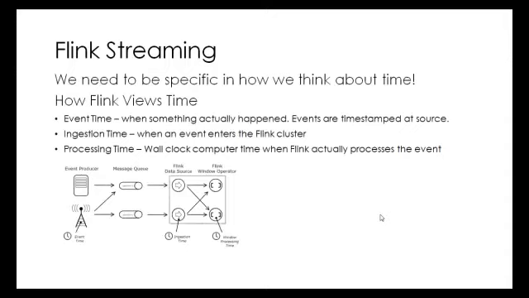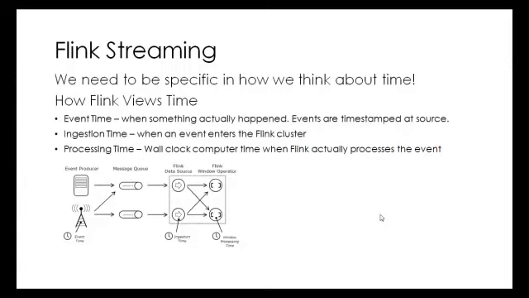I said you had to sort of reprogram yourself in terms of how you think about time, and I want to emphasize this again here. This is critical in understanding stream programming. The most important observation that you need to make, and once I had this idea presented to me, it made much more sense in writing a Flink program that does streaming, is that you have to think about when something actually happens, which is what we have here on the left.